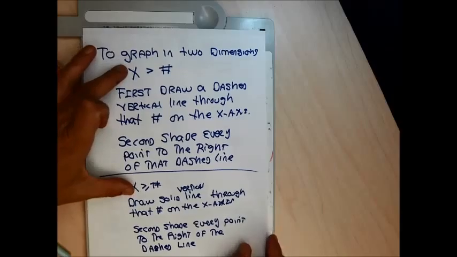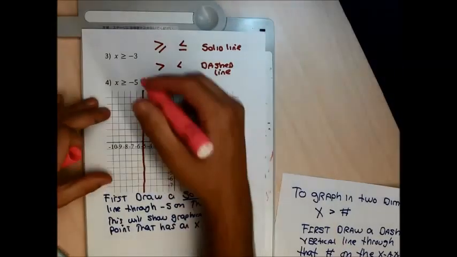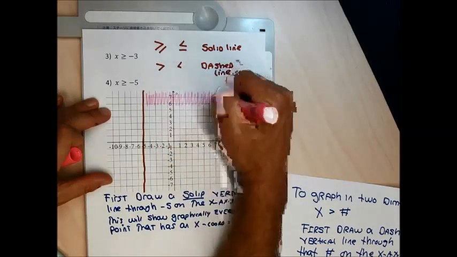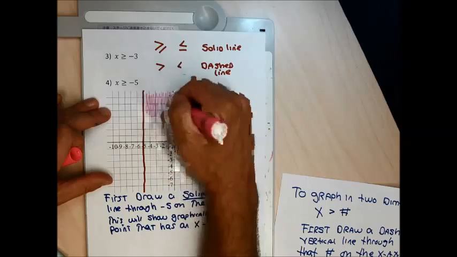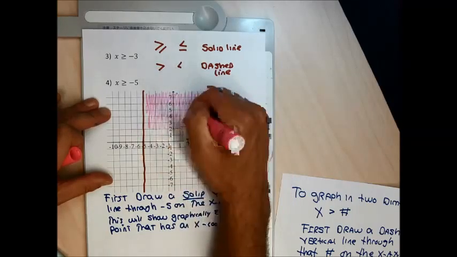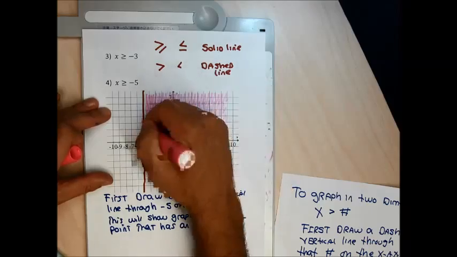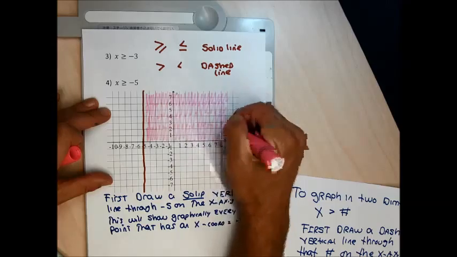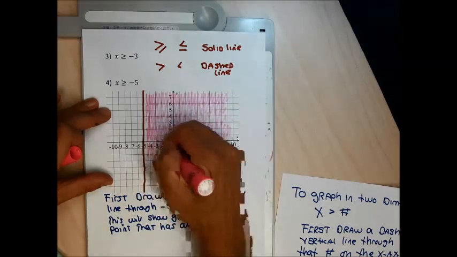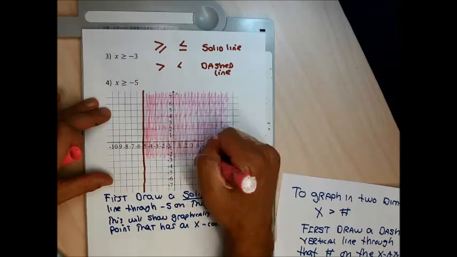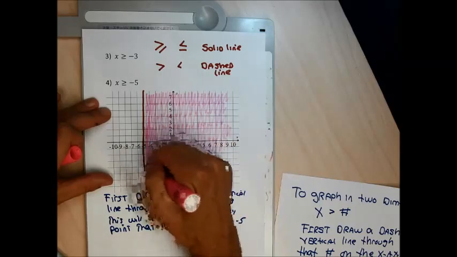When you have x's with greater than or greater than or equal to, the side that you shade is the side to the right of the line, because on the x-axis, as you go to the right, the x-coordinates get bigger, and I'm trying to find every point on the graph that has an x-coordinate bigger than or equal to -5. Anything that I'm shading here in pink, right at the edge of this line over to the right, should be shaded.